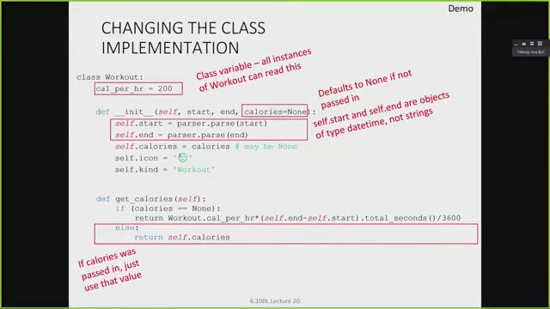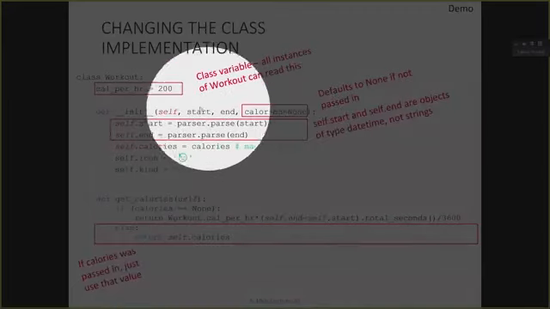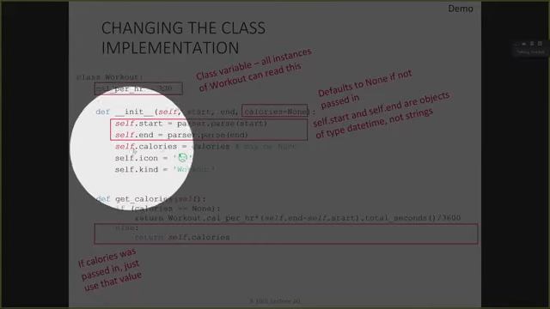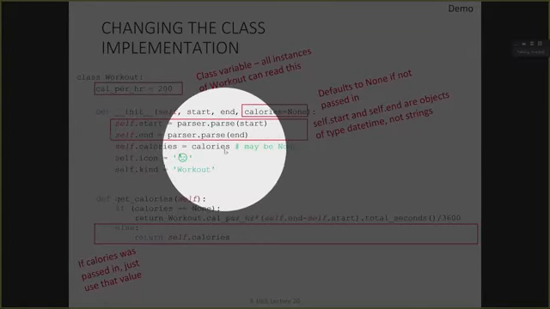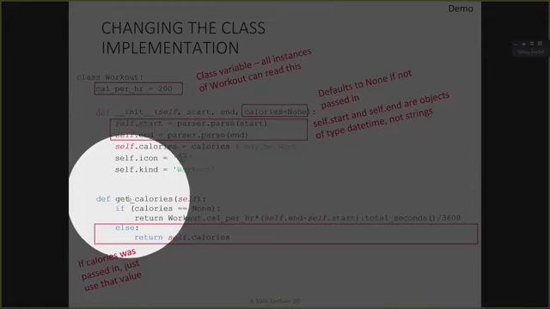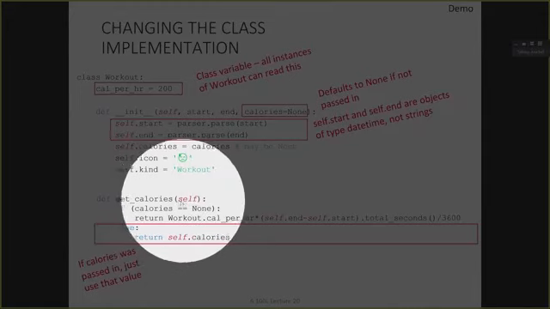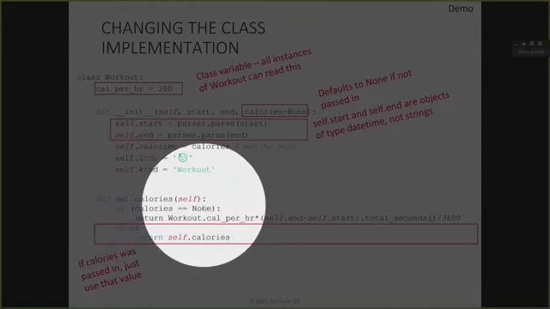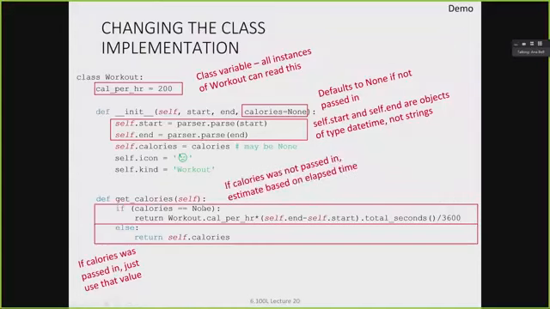But if the user does not supply the number of calories when they create an object, then the data attribute self.calories will be None. So when I ask the workout to tell me how many calories I burned, we're going to go inside the if statement, and we're going to do something.